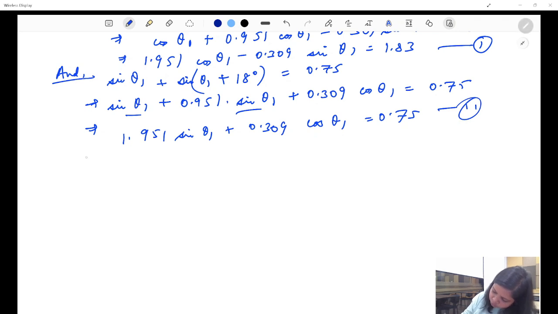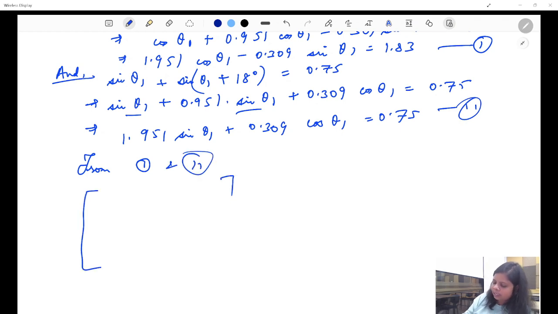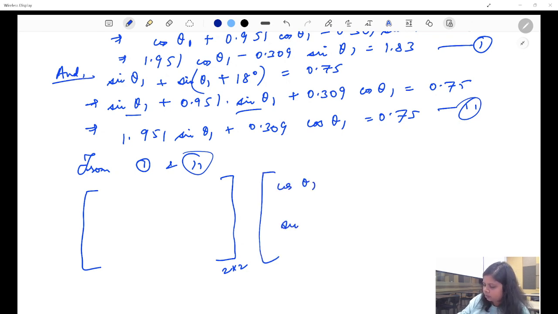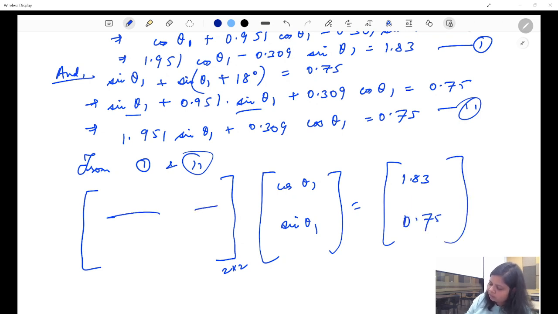Okay, so from 1 and 2, how can we write it in matrix form? Something has to come here, and this is a 2 cross 2 matrix. Here I am going to write cos theta 1, sin theta 1 and the values are 1.83 and 0.75. Can you tell me what we are going to have here in these places?